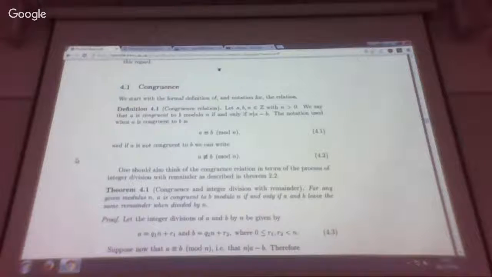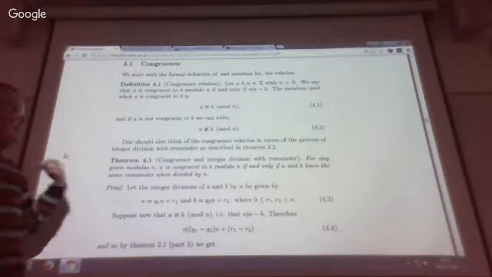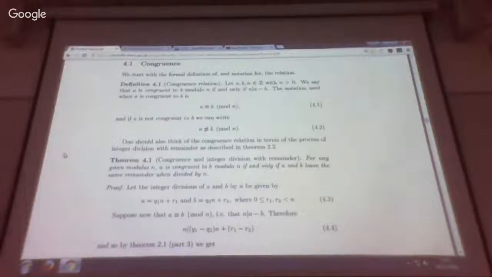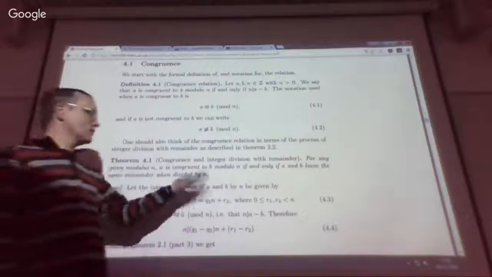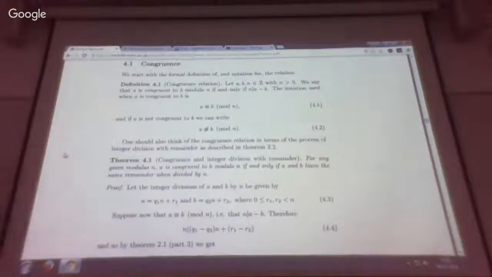We very quickly proved a result which linked it to the process of integer division with remainder. If a is congruent to b, what that means is, when you divide a by n and you divide b by n, you probably get different quotients. If a and b are different, n will go in a different number of times, so you'll get different quotients, but the remainders you get have to be the same if a and b are congruent to one another.